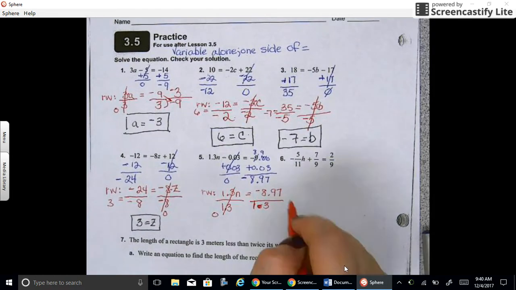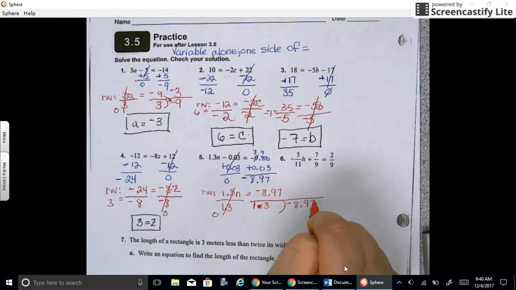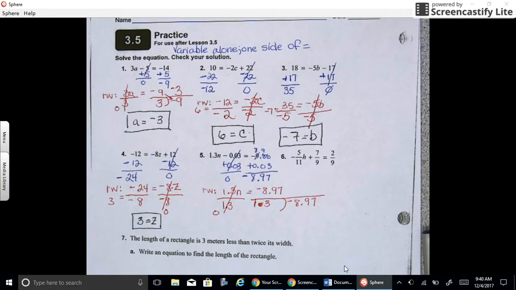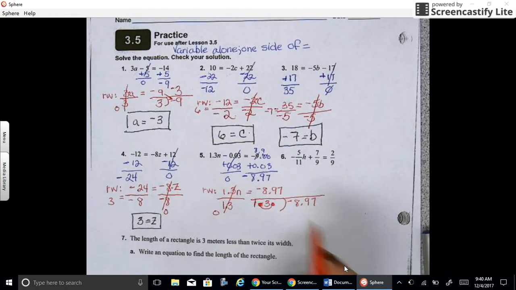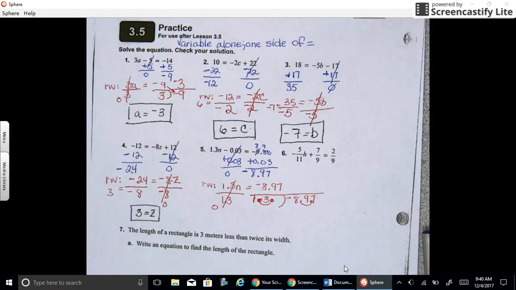Well, if we were to do it like long division, we would move that negative 8.97 down, but we can't divide by decimals. So I have to move that decimal over one place, which means over here I have to move that decimal over one place. And then I'm left with 89 divided by 13. How many times does 13 go into 89? 6.